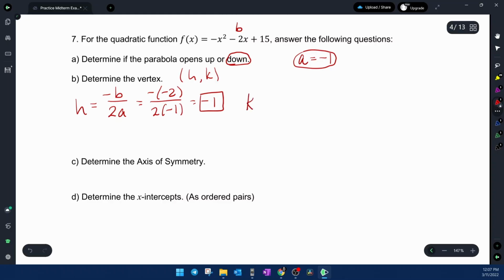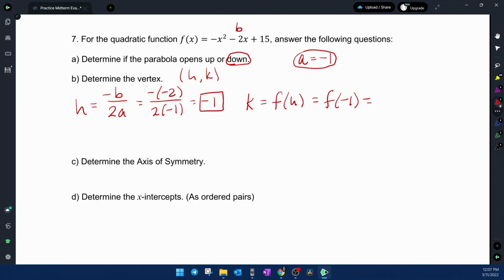Now to get k, you simply find f of h, which is f of negative 1, which means we need to plug that into the function and simplify. So we're going to have minus negative 1 squared minus 2 times negative 1 plus 15.